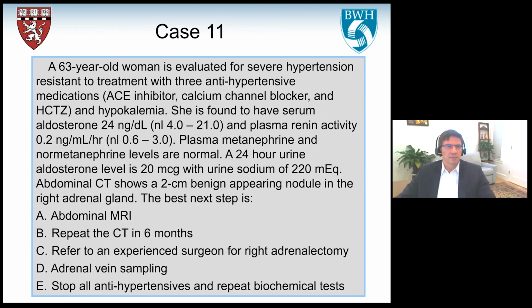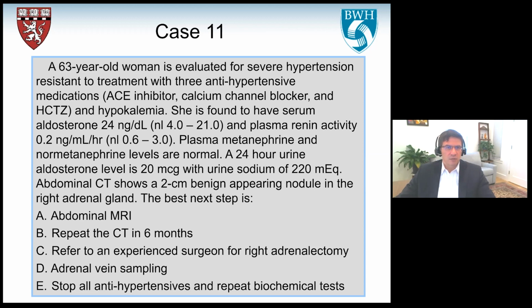Case 11. A 63-year-old woman is evaluated for severe hypertension resistant to treatment with 3 antihypertensive medications, which include an ACE inhibitor, calcium channel blocker, and hydrochlorothiazide. And she also has hyperkalemia. She's found to have serum aldosterone of 24 nanograms per deciliter, with the upper limit of normal being 21, and plasma renin activity of 0.2 nanograms per mL per hour, with the lower limit of normal being 0.6.